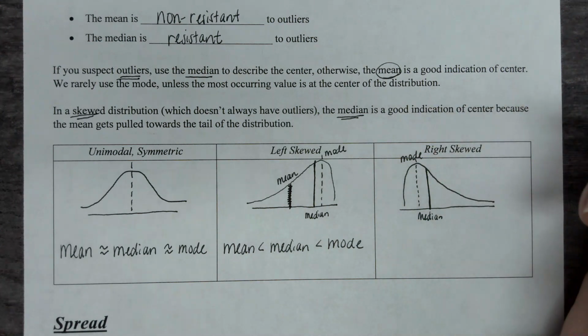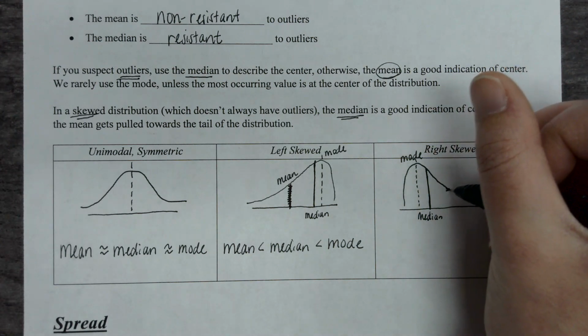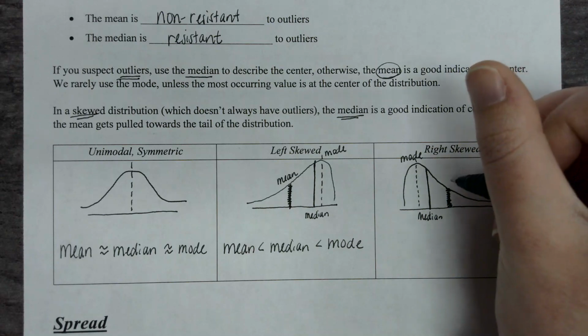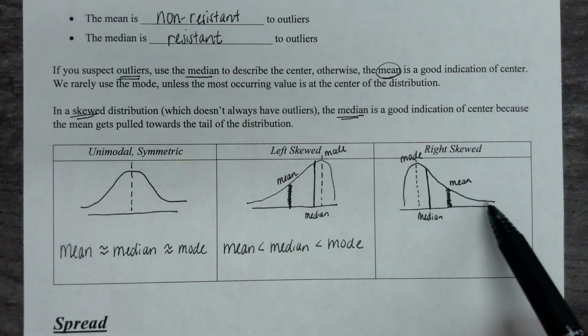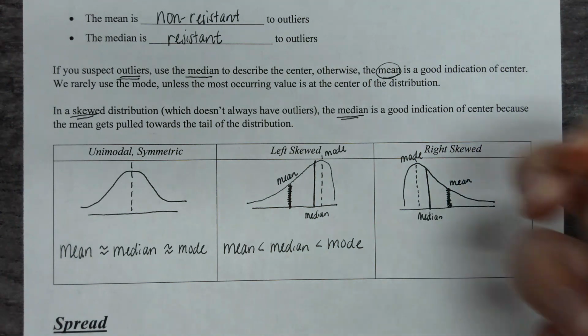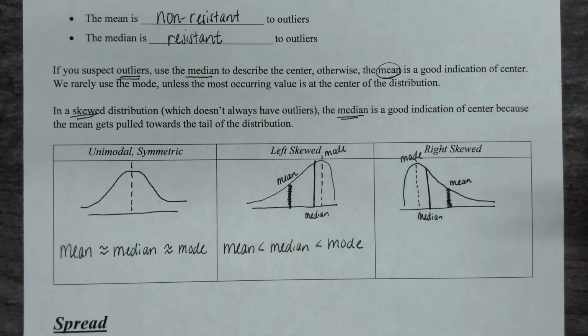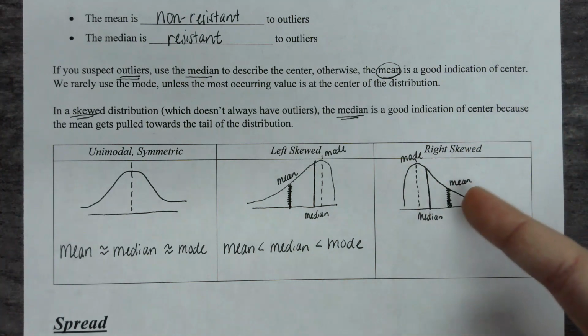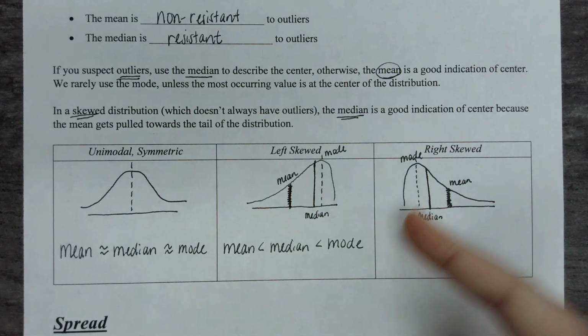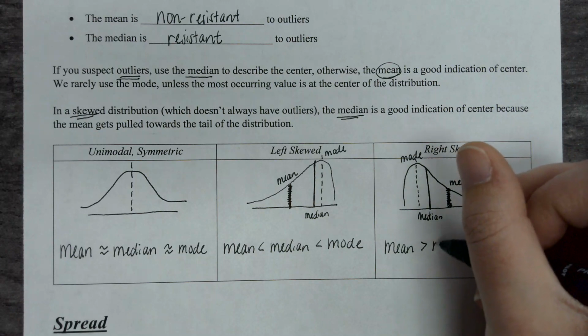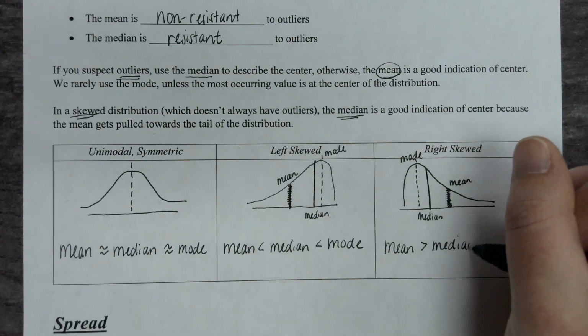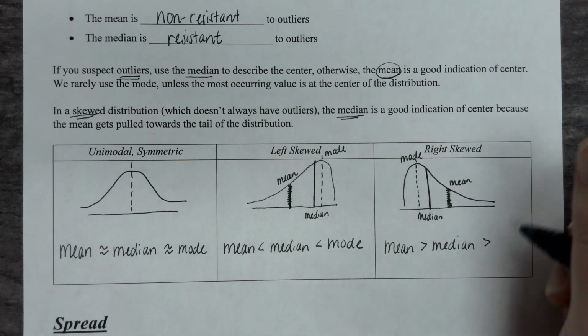However, my mean is going to get pulled up even more so than my median, because we're going to have these high values that are going to pull it towards the tail of my right skewed distribution. So my mean is going to be my highest value here, then my median, and then my mode. My mean is actually going to be greater than my median, which is then greater than my mode.